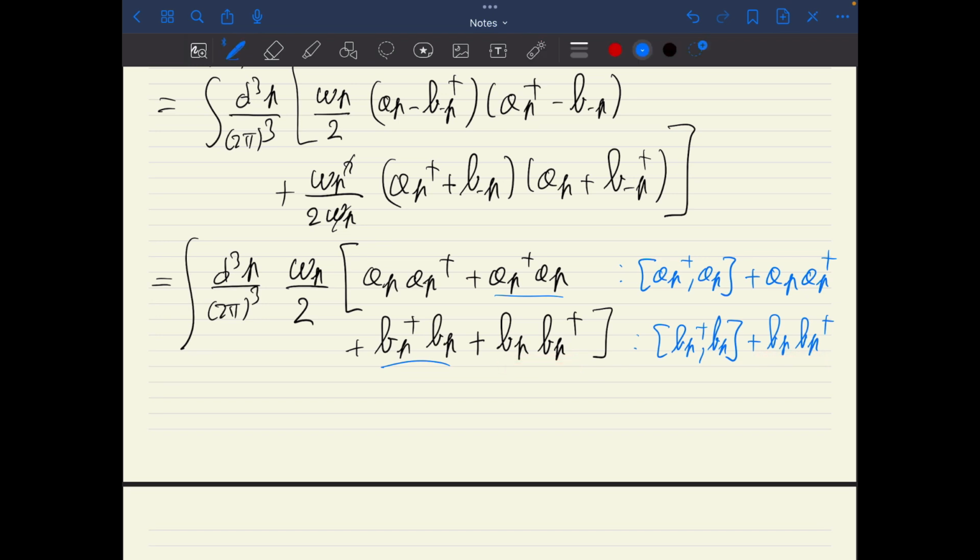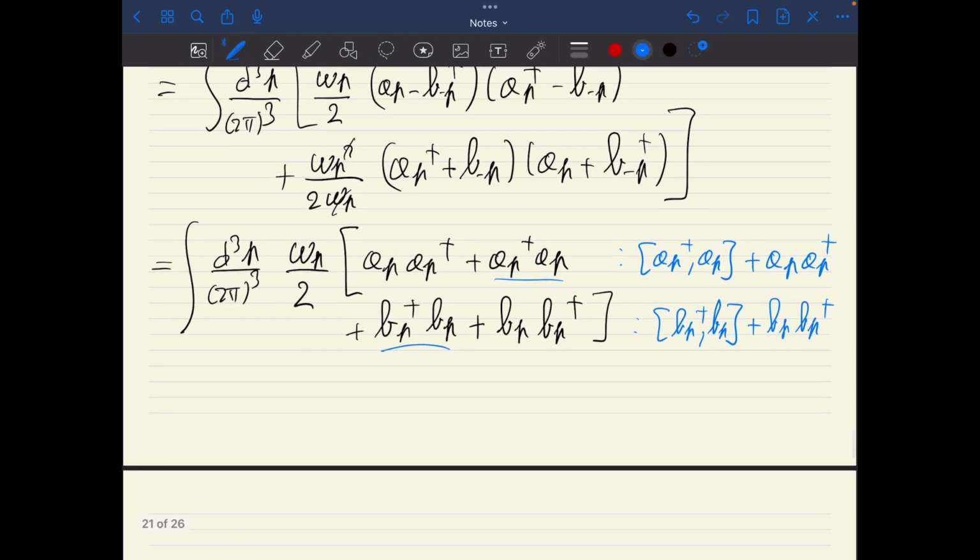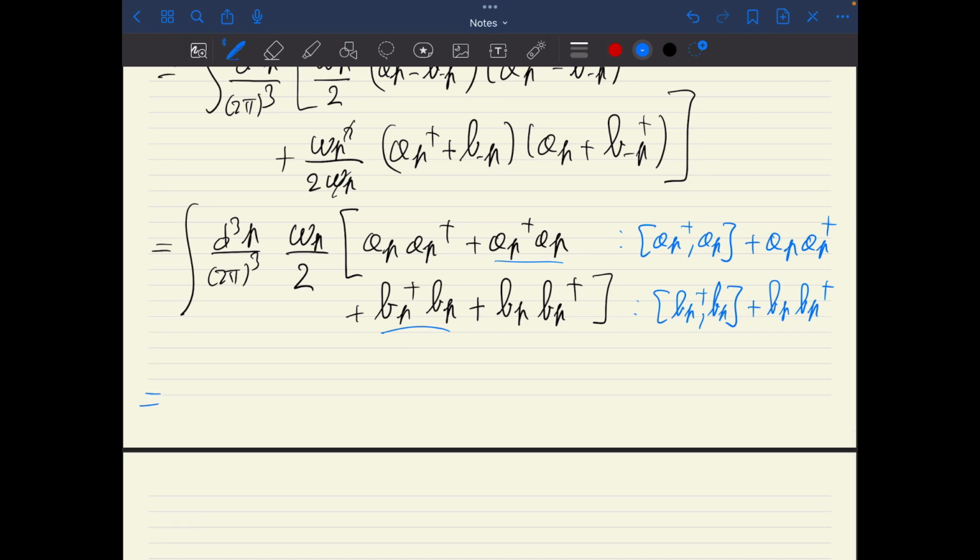So the factor 2 can be absorbed somehow, and that's just black. ω_p, and we have therefore a†_p a_p plus b†_p b_p.